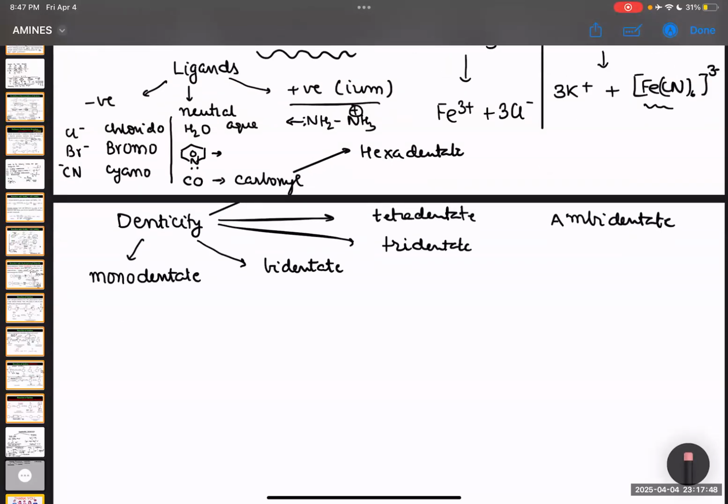So monodentate, these were all monodentate ligands: Cl minus, Br minus, I minus. Okay, they were all monodentate ligands. Bidentate ligand, can you give me an example of bidentate? Any bidentate ligand?